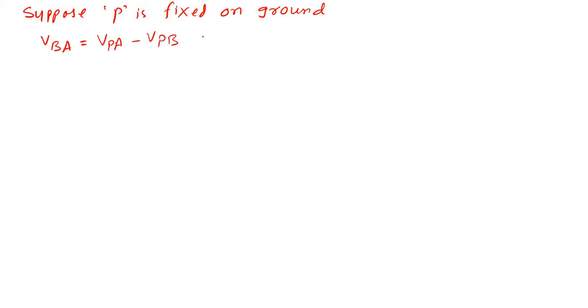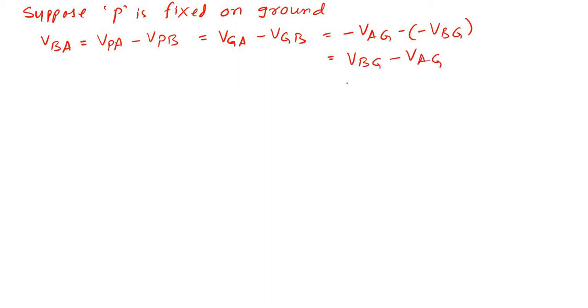Now, as point P is on the ground, we can use suffix G: VGA minus VGB, right? And VGA is nothing but minus VAG, and this is minus of minus VBG, right? So this is nothing but VBG minus VAG, or VB minus VA.